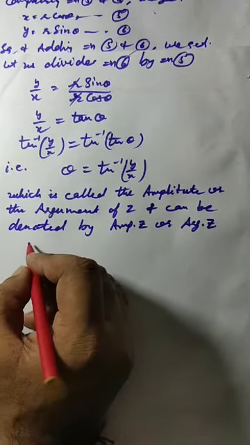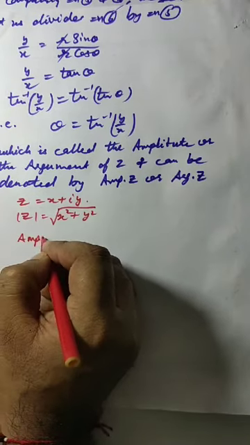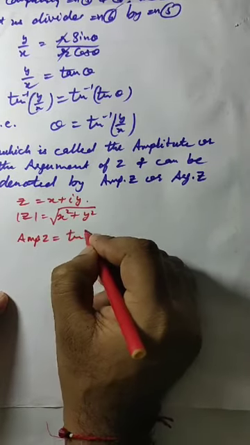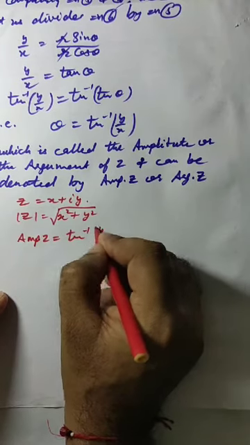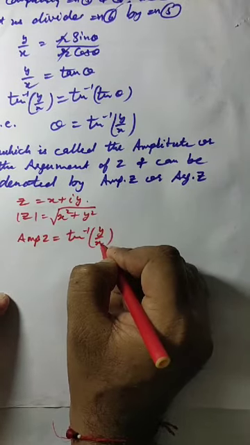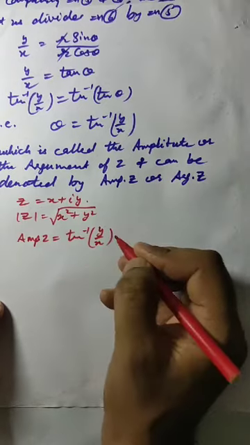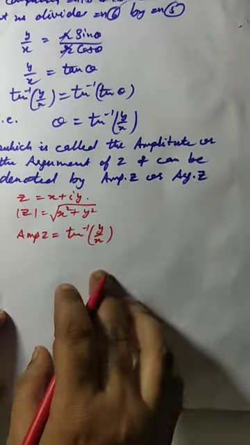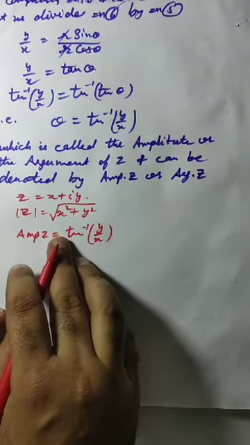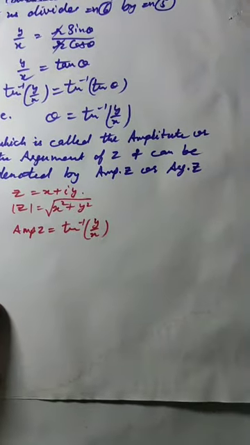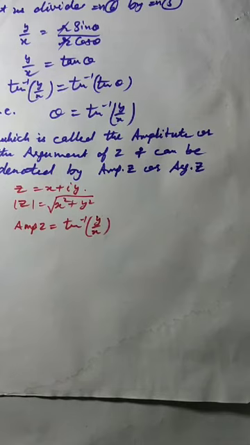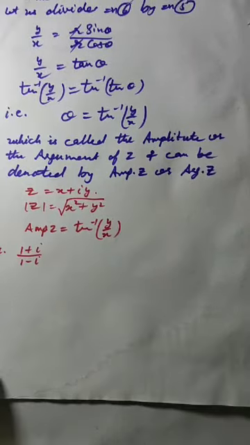To find the magnitude of z, we can take the coefficients of the real and the imaginary parts and the square root of that, and to calculate the argument and the amplitude of z, we can take the angle tan inverse of y upon x, that is coefficient of imaginary part divided by the coefficient of the real part. So by using these two formulas, we can find the magnitude and the amplitude of the complex number.